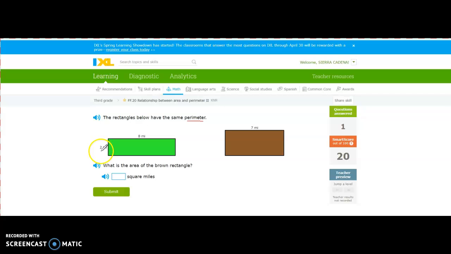So we have to take a look. If this side is 2 miles, then this side must be 2 miles. And if this side is 8 miles, then this side must be 8 miles. Now I have to figure out what the perimeter is.